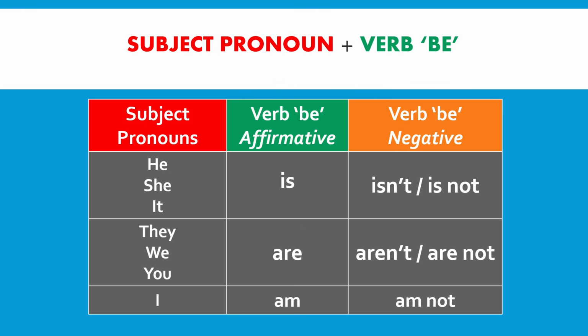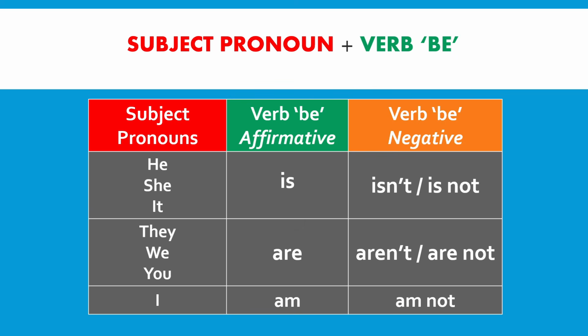If the statement that we are giving is a yes or affirmative, then the verb be that we are going to use is are. The same thing when we want to say no to our statement, but the subject pronouns that we use are they, we and you, then we have to go for are not. Or if you prefer to use contractions, then you go for aren't. Both are acceptable.